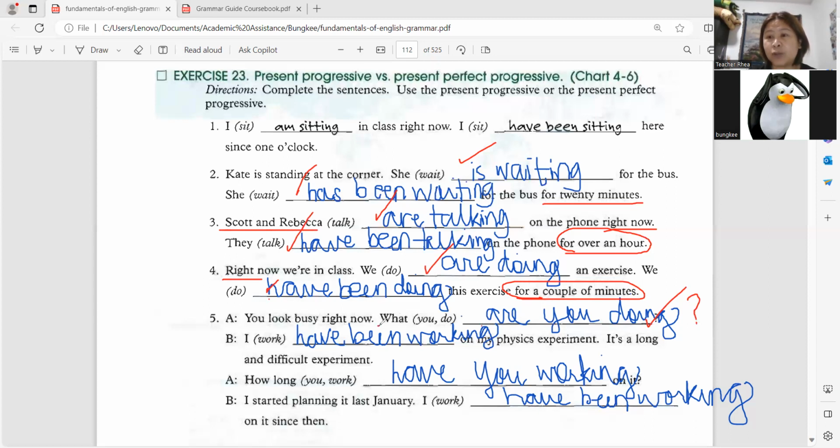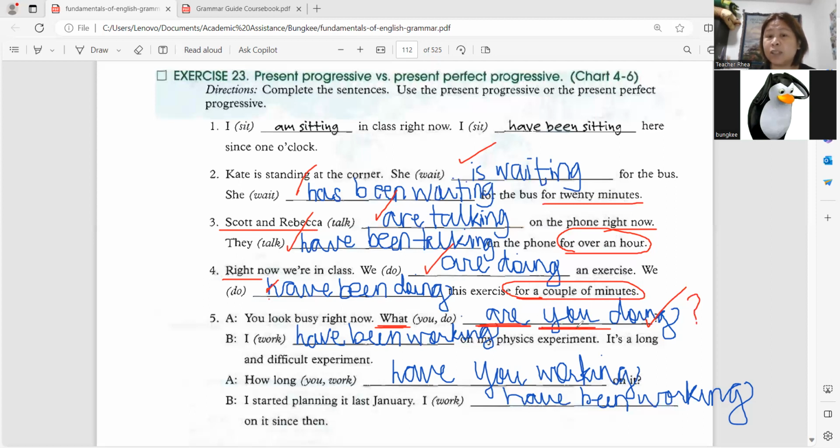When it's a WH question, you start it with the WH question word. The next is the linking verb, the be verb, then the pronoun, the subject: what are or what is she, you, he.